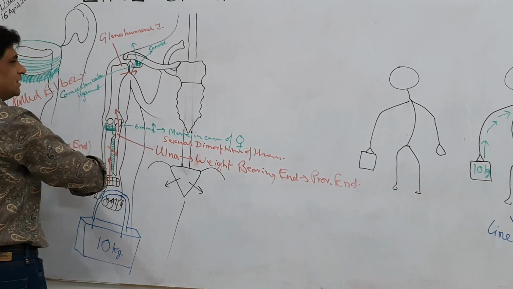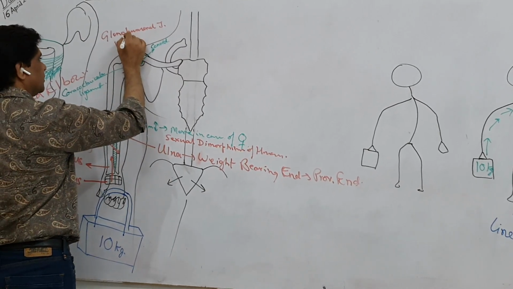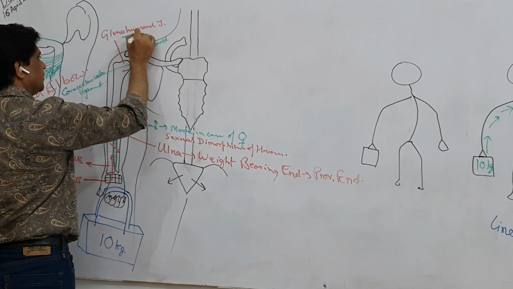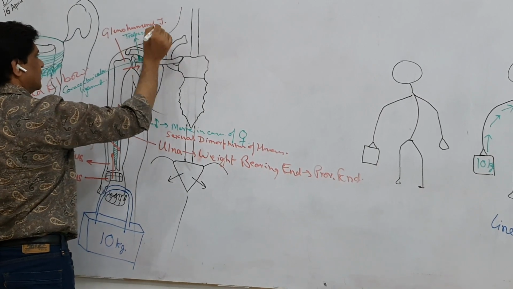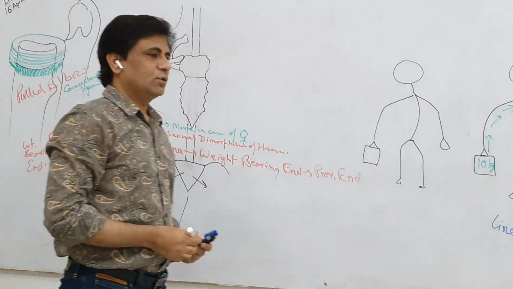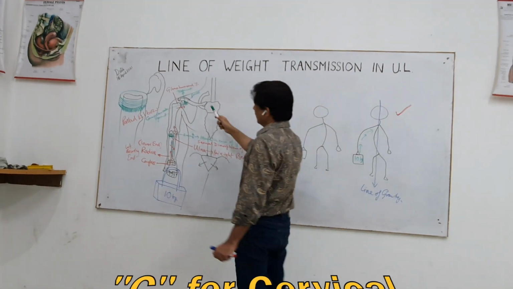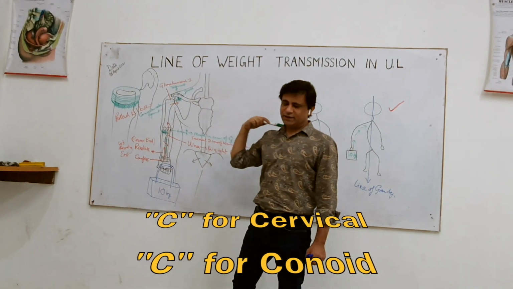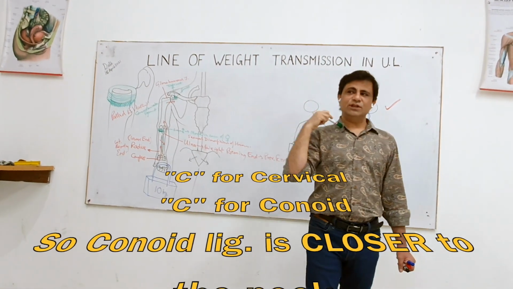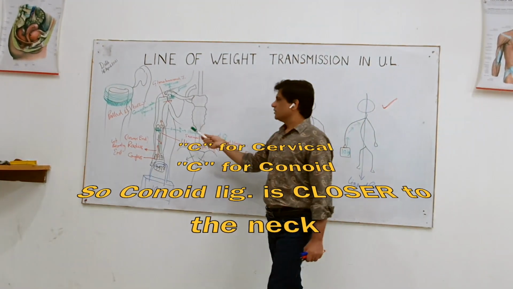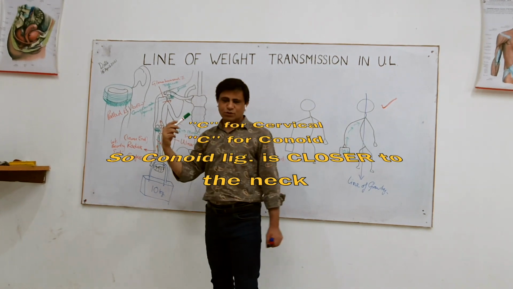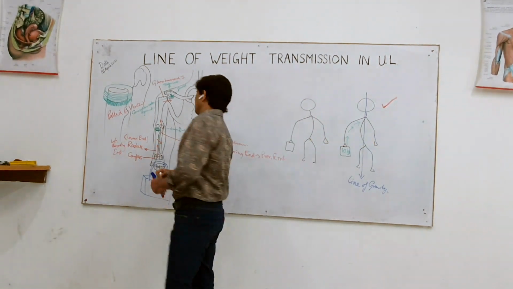The conoid part is the medial part, and the trapezoid part is the lateral portion of the coracoclavicular ligament. C for cervical, C for neck. Cervical means neck, the C is closer to the cervical region. Just remember this. So conoid is medial.